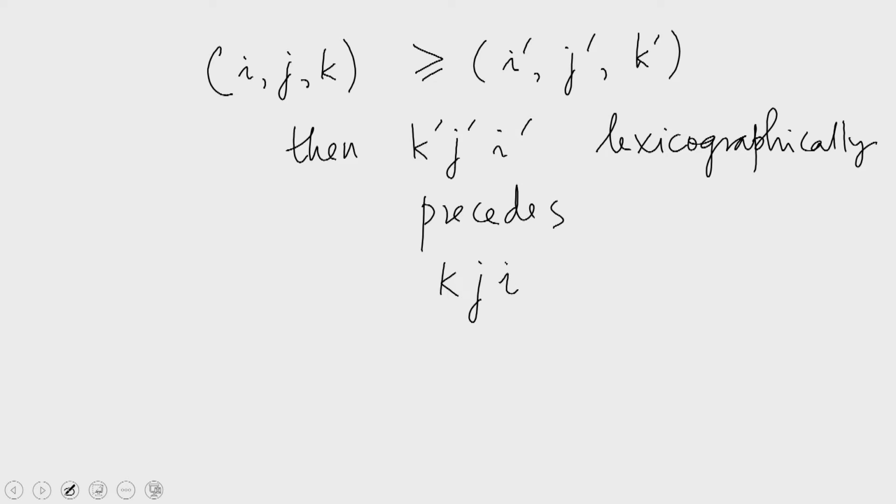That is a formal statement. We want the elements to be finally arranged in such a way that if the element that appears at position i, j, k is greater than or equal to the element that appears at i prime, j prime, k prime, then the order triplet k prime, j prime, i prime lexicographically precedes k, j, i. So this is the same as the z, y, x order.